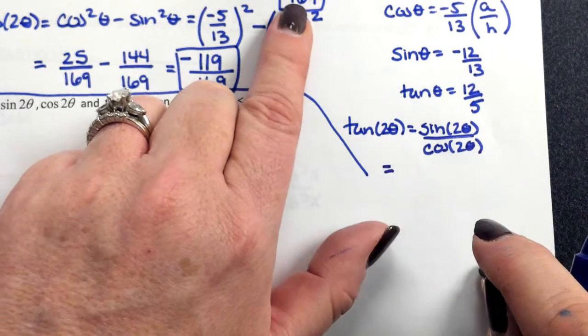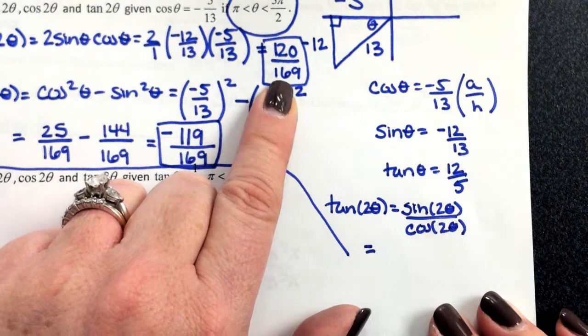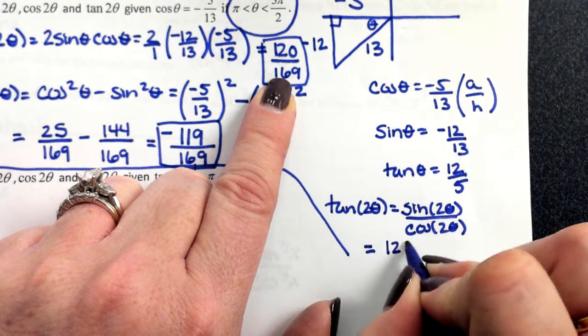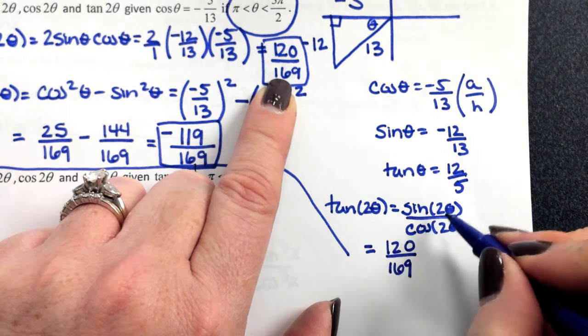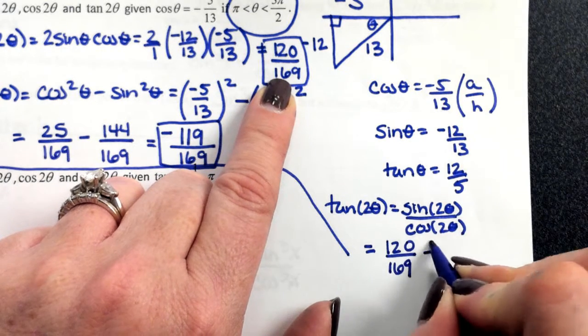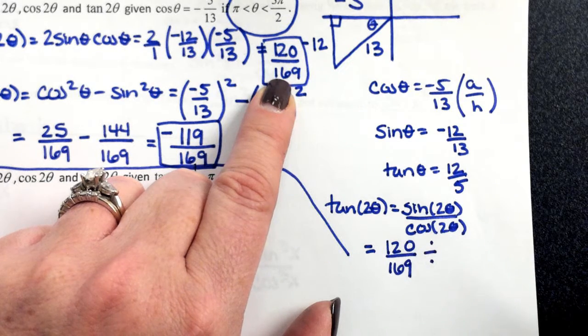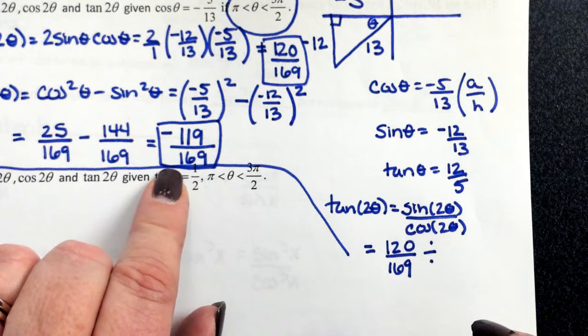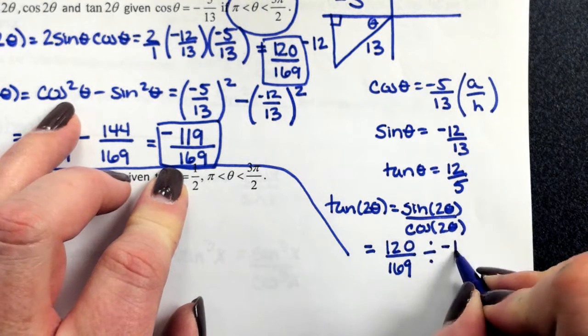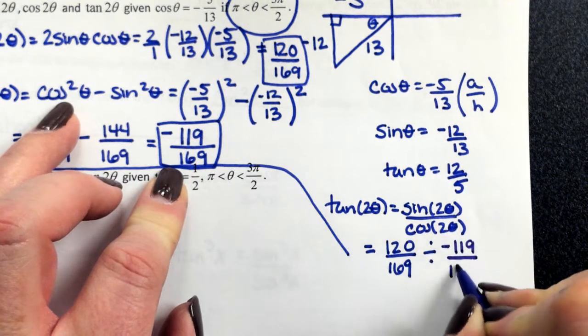Remember, we found the sine of 2 theta to be 120 over 169. Remember, this fraction bar means I'm dividing. I'm dividing by the cosine of 2 theta. I just found the cosine of 2 theta to be negative 119 over 169.